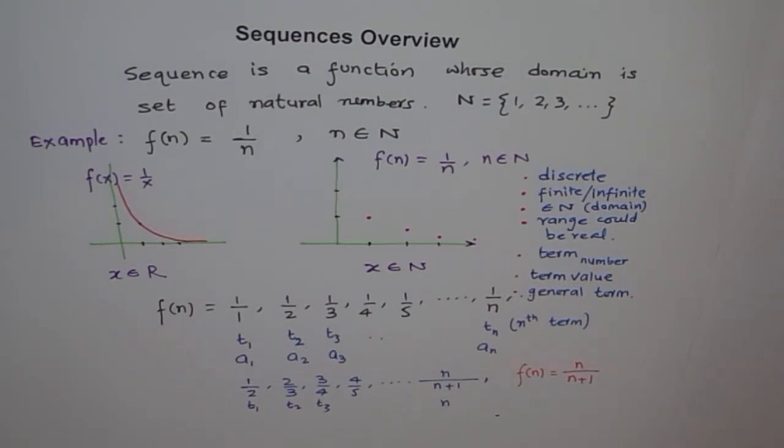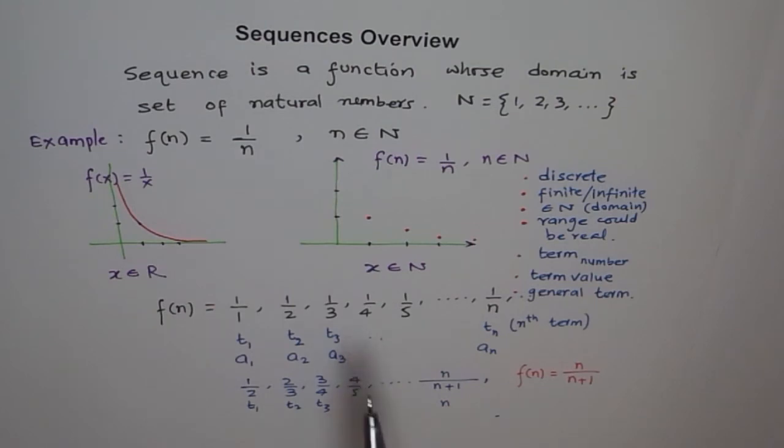So I got a sequence, and I could define my sequence with the help of my general term. And how do I get the general term? We get the general term after relating the term number with its value. At times, the general term is given to us and we need to find the sequence.